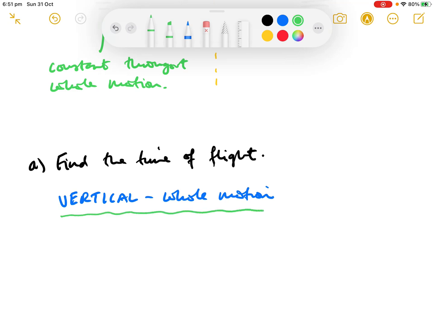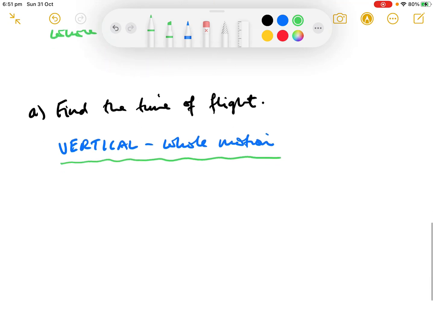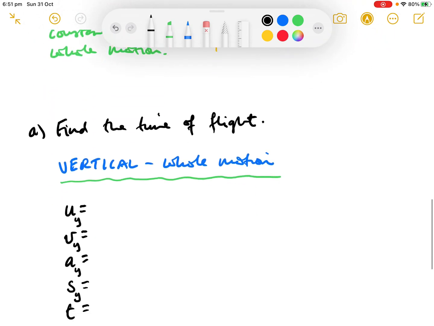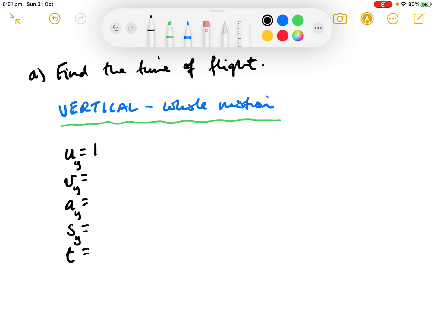And you need to always specify whether it's horizontal or vertical, and whether it's the first half or the second half or the whole motion. You then, because it's an accelerating situation, in the vertical it's always an acceleration, of course, list uvast. Now, you don't always need to write these little y's in, but I'm putting them in for emphasis because it's the y direction. Well, uy initially is 16.9.